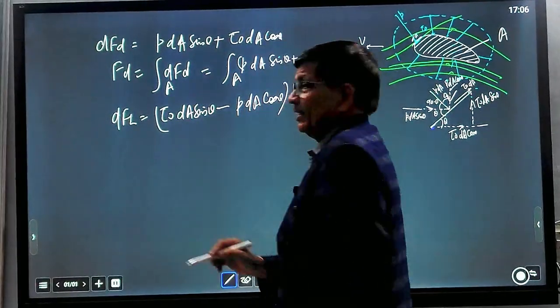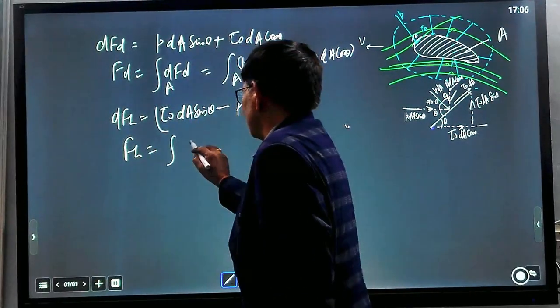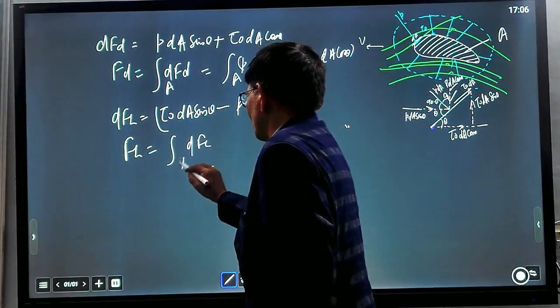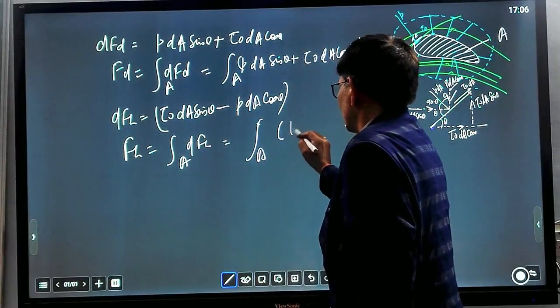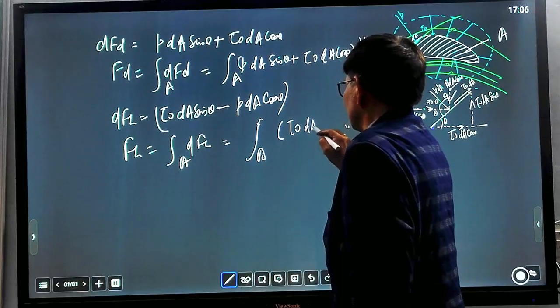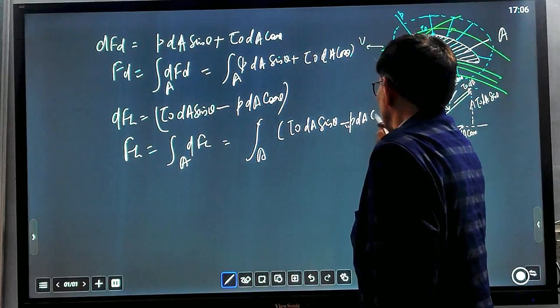So the total lift force FL equals the integration of dFL over the whole area, that is the integration of tau naught dA sin theta minus P dA cos theta.